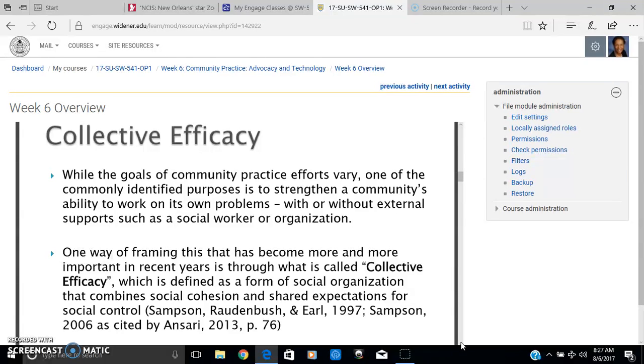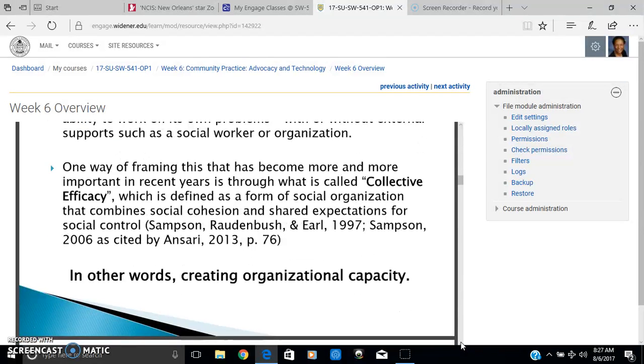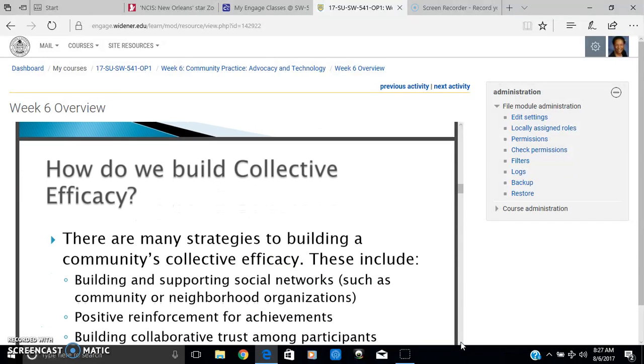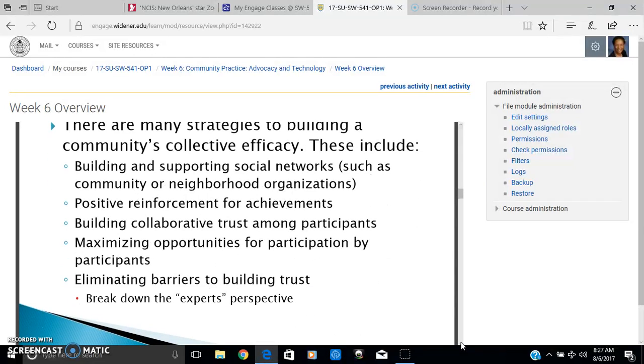states while the goals of community practice efforts vary, one of the commonly identified purposes is to strengthen a community's ability to work on its own problems, which gets to the concept of empowerment. And so collective efficacy builds organizational capacity, community capacity.